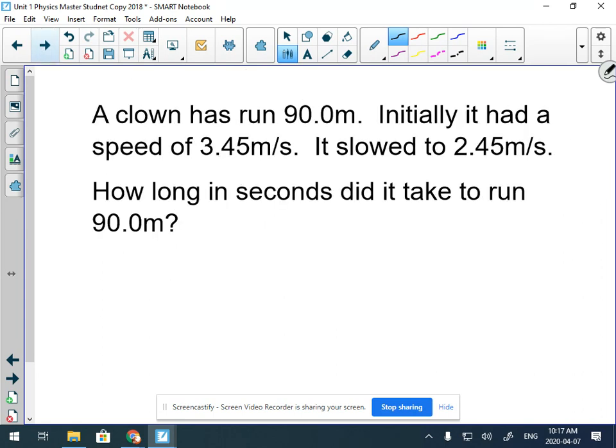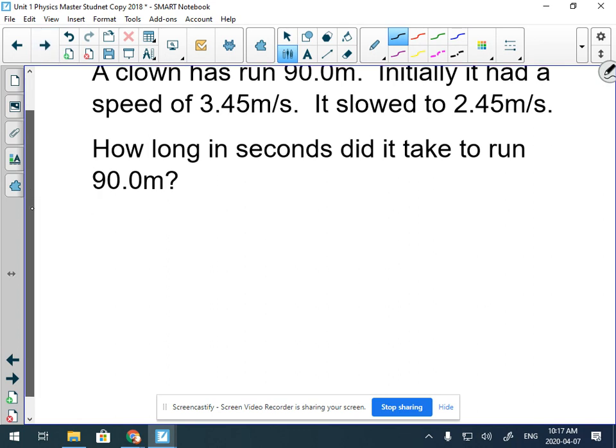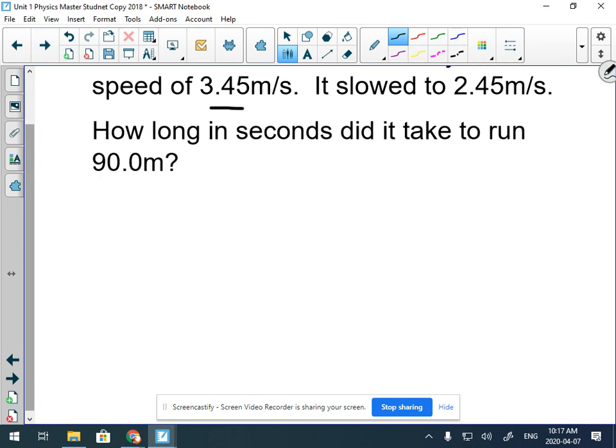Okay. Here's another one. A clown has run 90 meters. Initially, it had a speed of 3.45 meters per second, and it slowed to 2.45 meters per second. How long in seconds did it take to run 90 meters? Okay. So we have two speeds, so we need the two-speed formula.